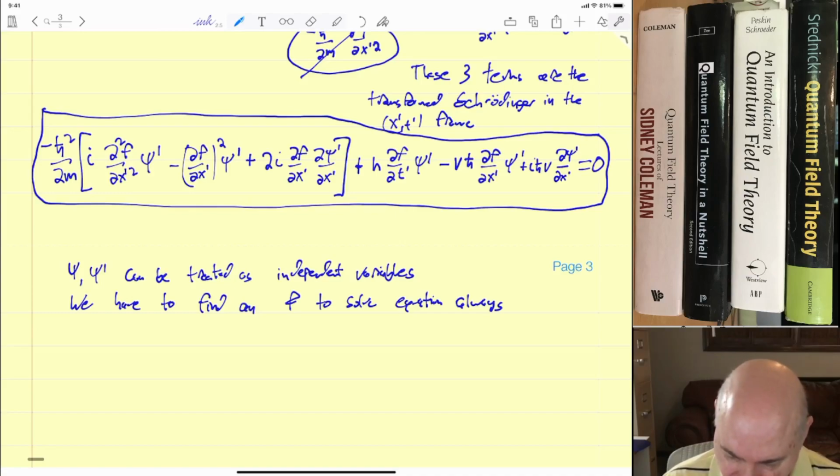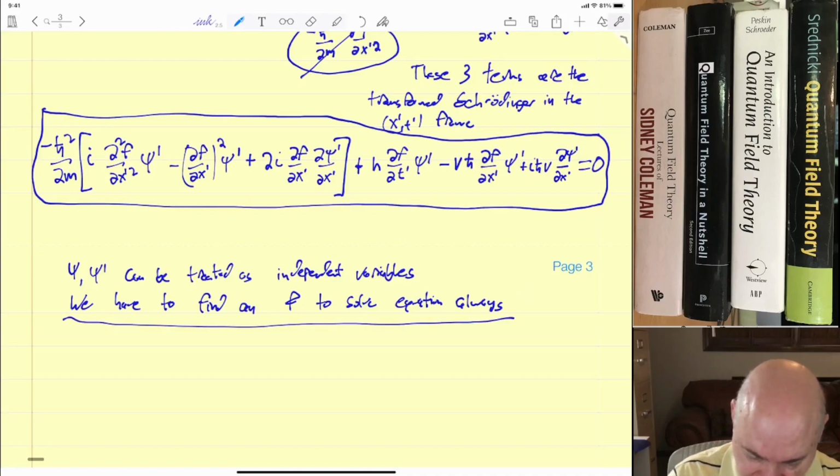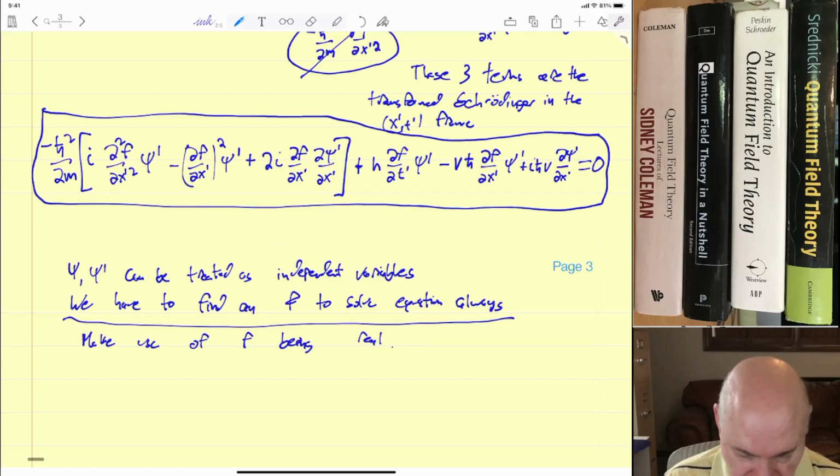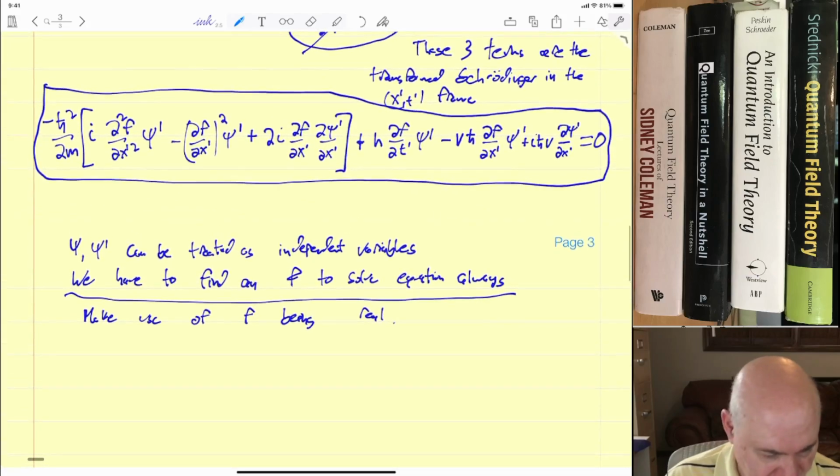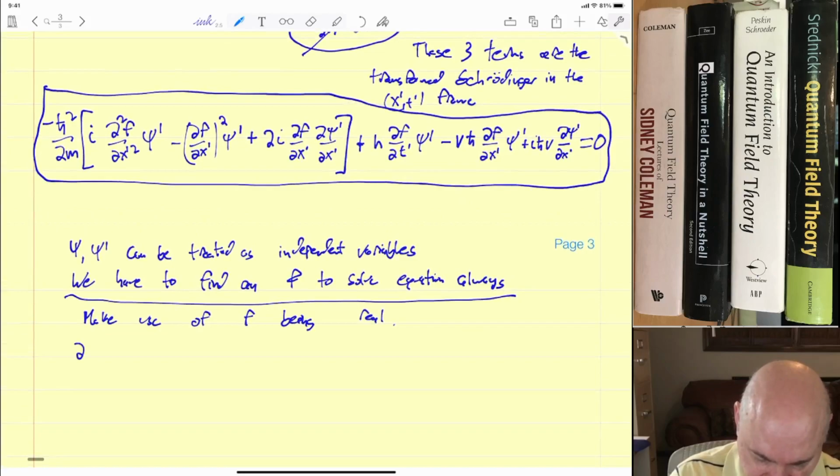So that's our mission, and it looks tough, but we have to make use of the fact of f being real. So that will simplify things. So let's start by looking at the coefficient of the partial of psi prime with respect to x prime.